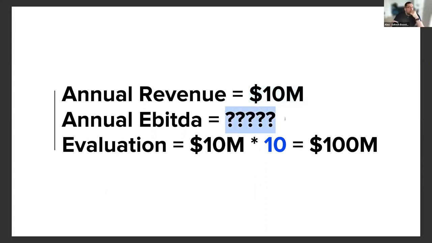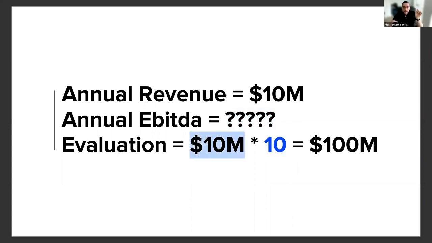Why? Because it matters, but it does not really matter. If you're a startup, the EBITDA does not matter. What matters is something different, which I'm going to tell you. It doesn't matter how much you have every month or every year, because your evaluation is going to be multiplied.